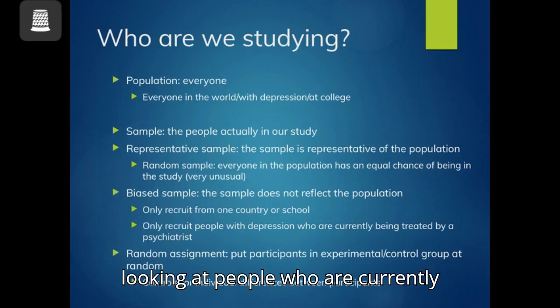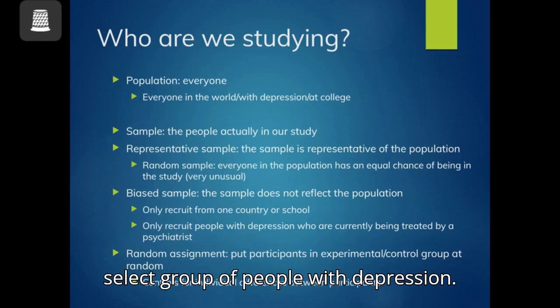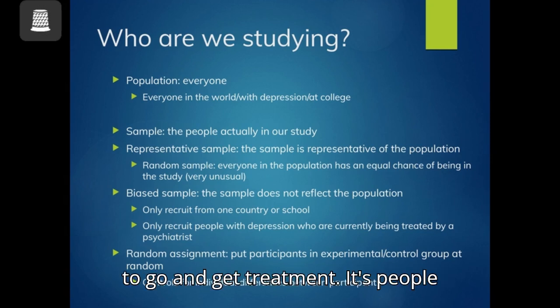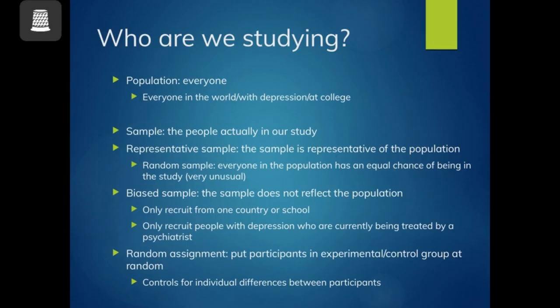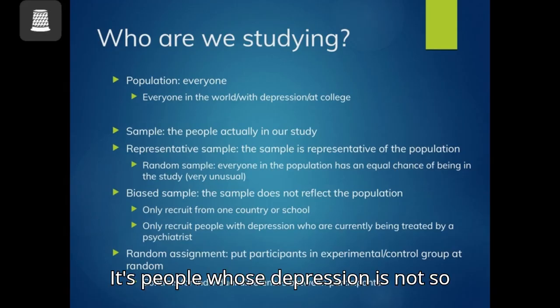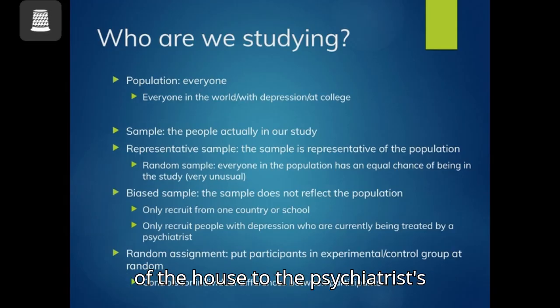Even if I'm only looking at people who are currently getting treatment, that is a very select group of people with depression. That is people who have the resources to go and get treatment. It's people whose depression is severe enough that they are seeking treatment. It's people whose depression is not so severe that they can't even make it out of the house to the psychiatrist's office.